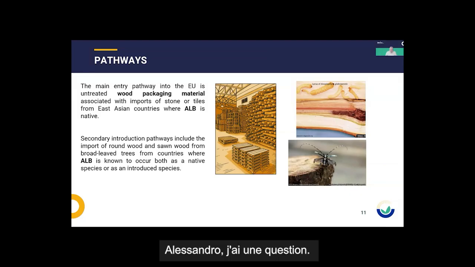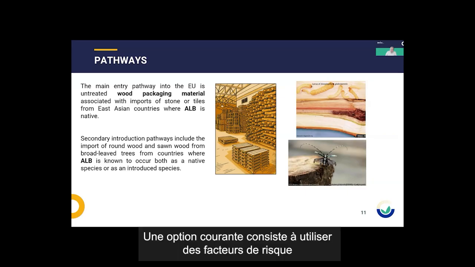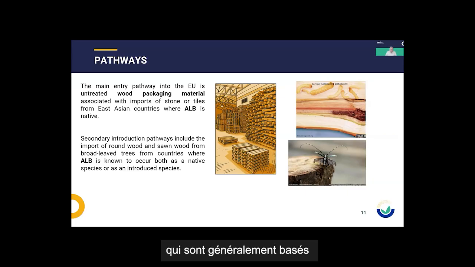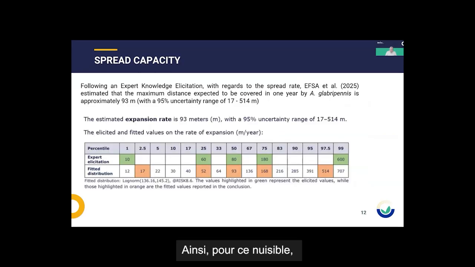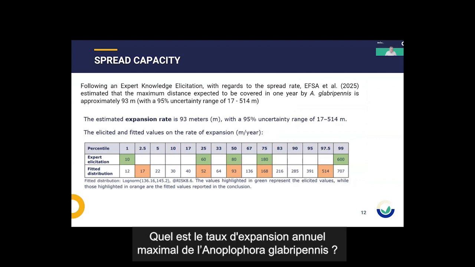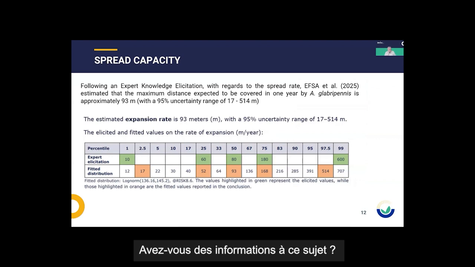So, Alessandro, I have a question also. One common option is to use risk factors that are usually based on the spread capacity of the pest. So for this pest, how far can it spread in 1 year? What is the maximum expansion rate in 1 year for Anoplophora glabripennis? Do we have information on that?